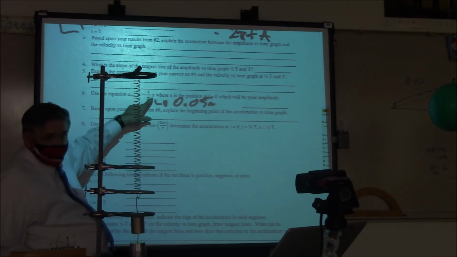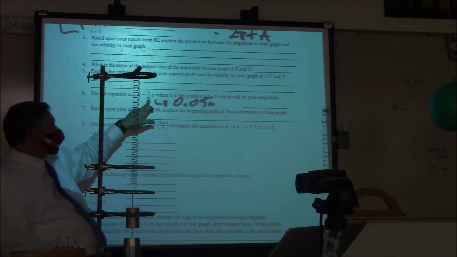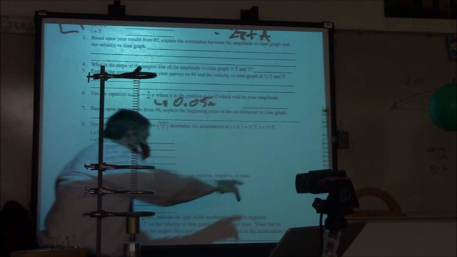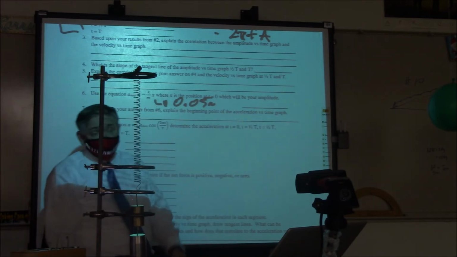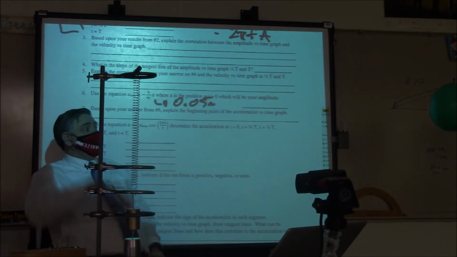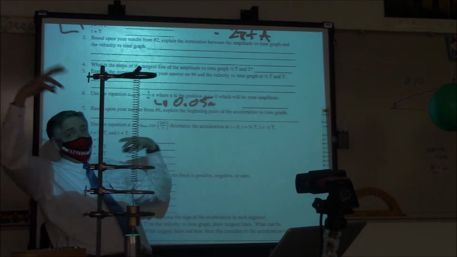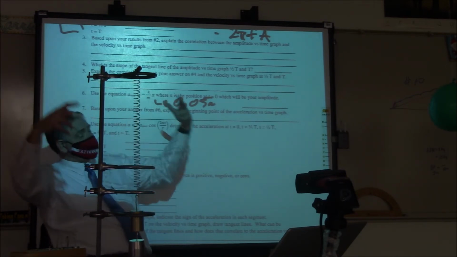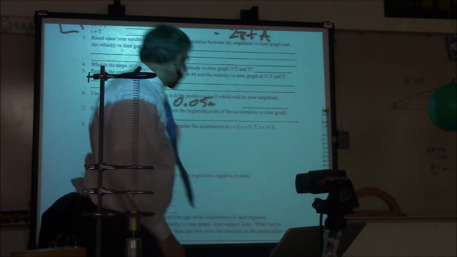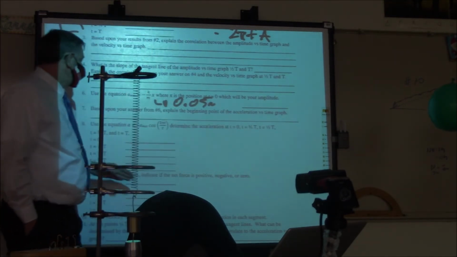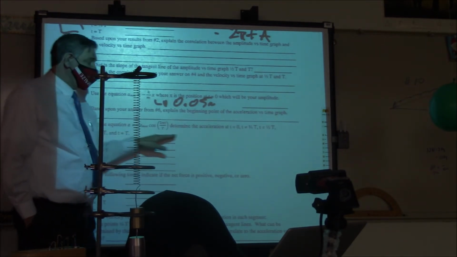Your mass is going to be 1.5 kilograms, and we're going to let the amplitude be 0.05 meters. So you're going to calculate that maximum negative acceleration, which is oddly enough going to be either at the top or the bottom of that oscillation, because that's when you're going to get your maximum net force, so that's when you're going to get your maximum acceleration.